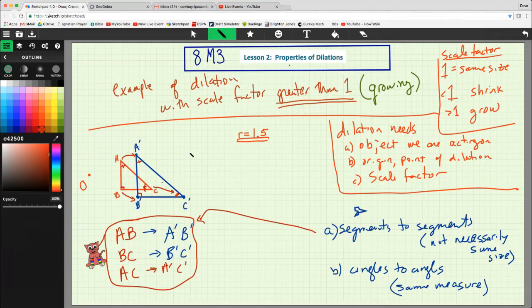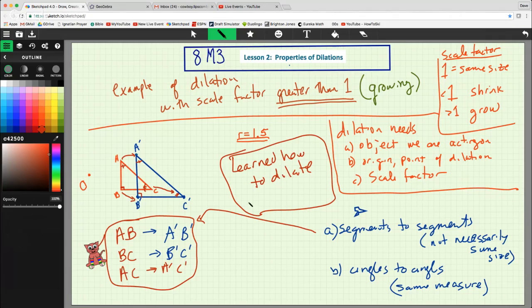So what else did we do here? You learned how to dilate. That's key. The key is to dilate one vertex at a time.